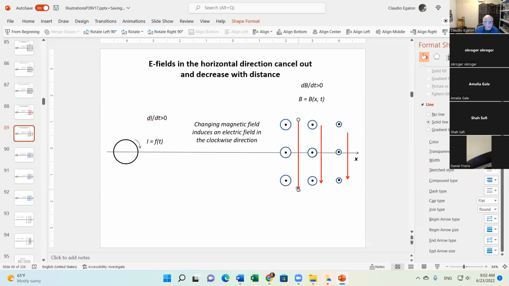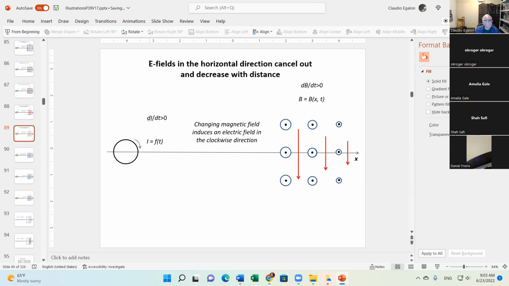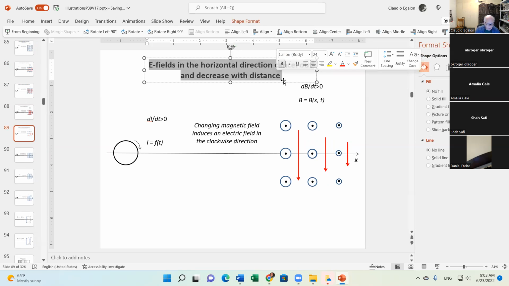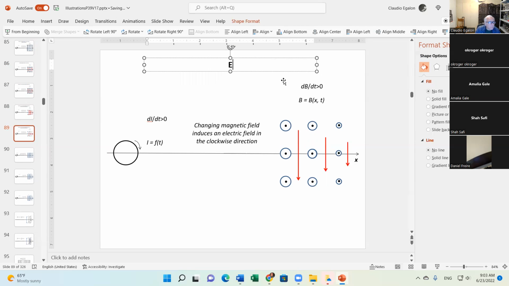I'm going to make it a little bit smaller just to emphasize the fact that some of these fields got canceled out. If fields cancel out, the net fields point downwards.